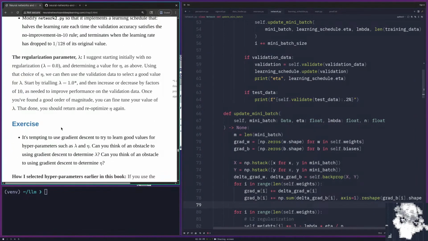Exercise. It's tempting to use gradient descent to try to learn good values for hyperparameters such as lambda and eta. Can you think of an obstacle to using gradient descent to determine lambda? Can you think of an obstacle to using gradient descent to determine eta?